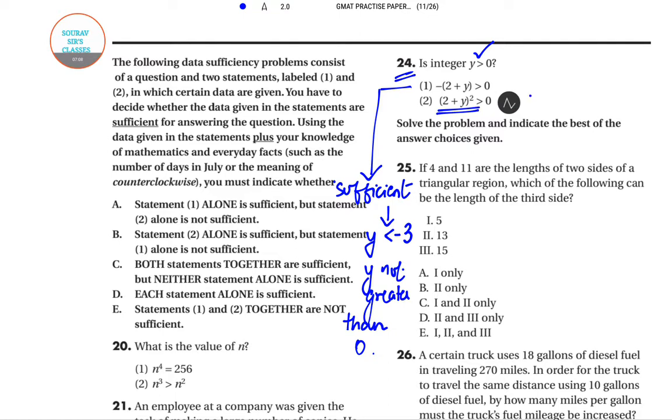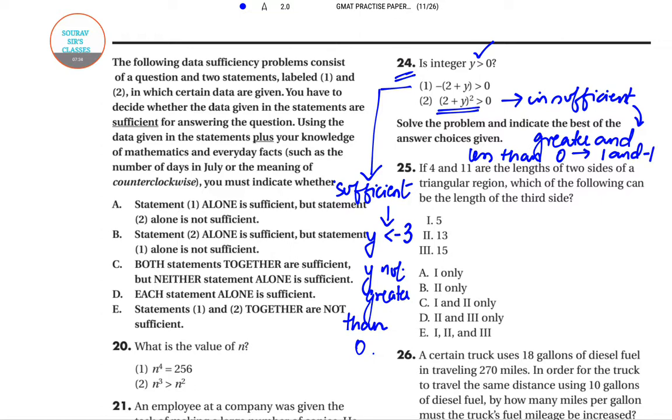This particular statement alone is insufficient. How? It is because the statement could work for values of y that are both greater than as well as less than 0, such as 1 and -1. So what we see here is that statement 1 alone is sufficient, while statement 2 alone is insufficient. That means the correct option will be option A.